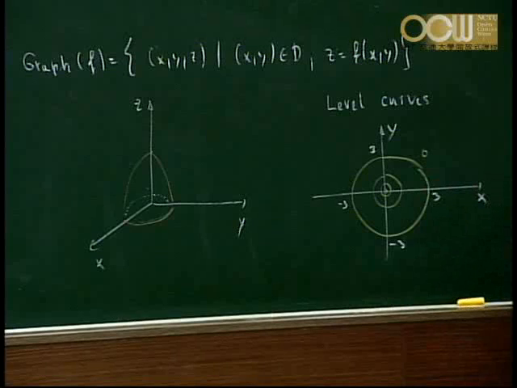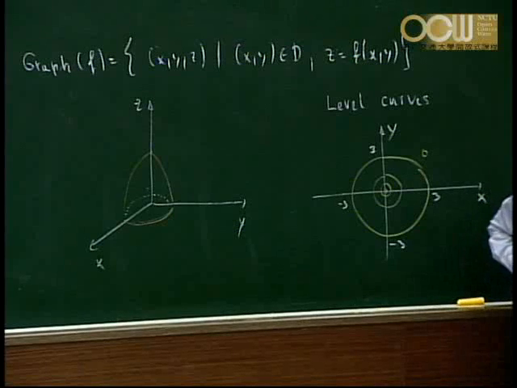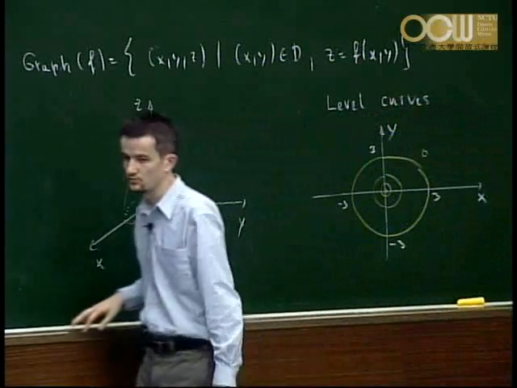This kind of plotting a function by plotting its level curves is something we are already used to from, for instance, geography, where if you depict height differences in a country or some area, you normally use a similar way, also level curves.